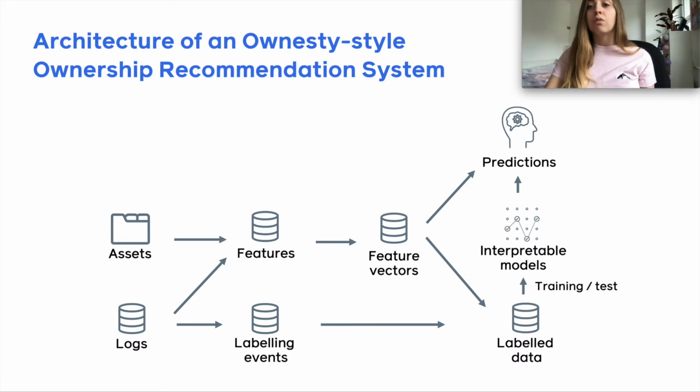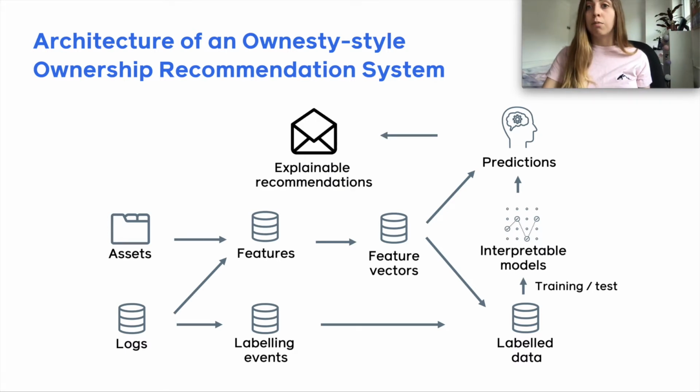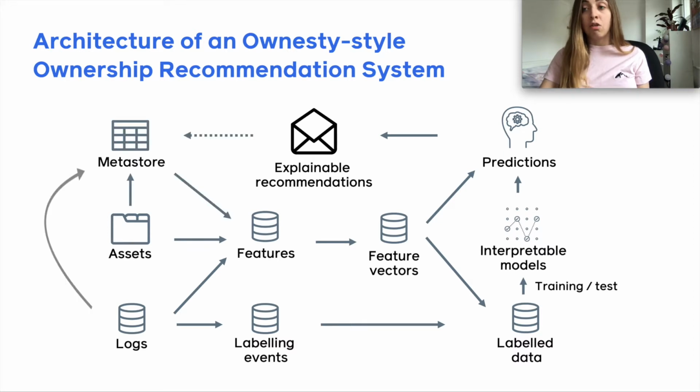We then turn those predictions into explainable recommendations. Now, it is important for recommendations to be explainable as the owners need to understand why it's them that are the most suitable owner. In Ownesty, we do it in a systematic way. We have a meta-store that stores all the information about the assets, the features, and the corresponding recommendations.